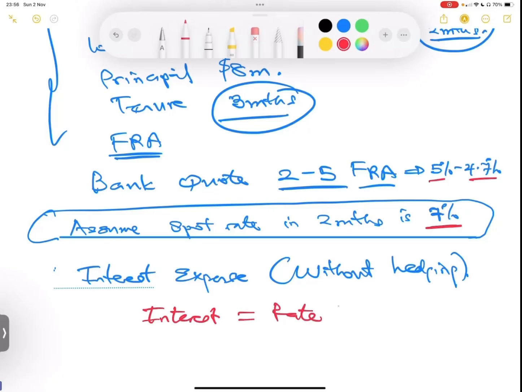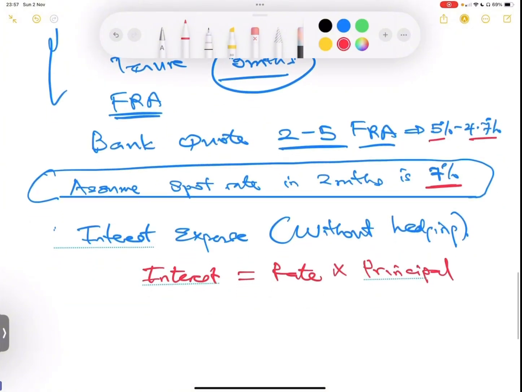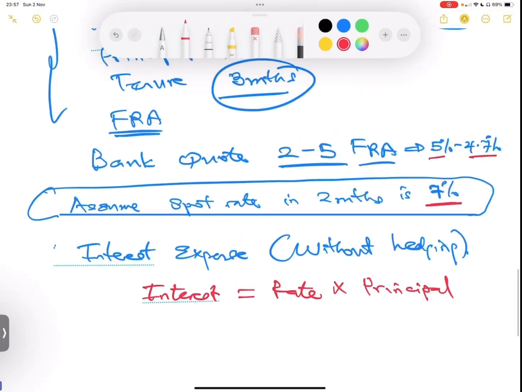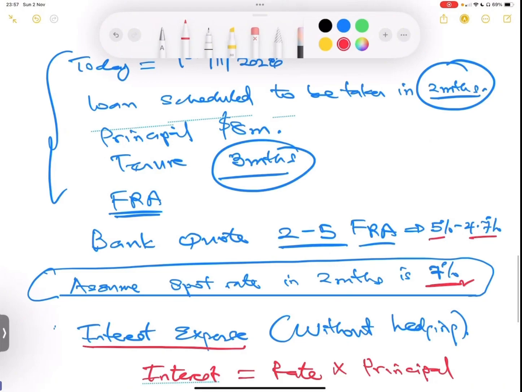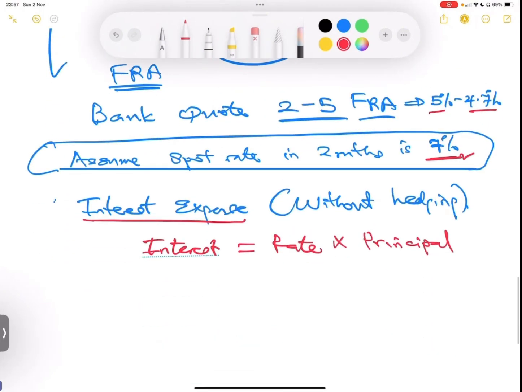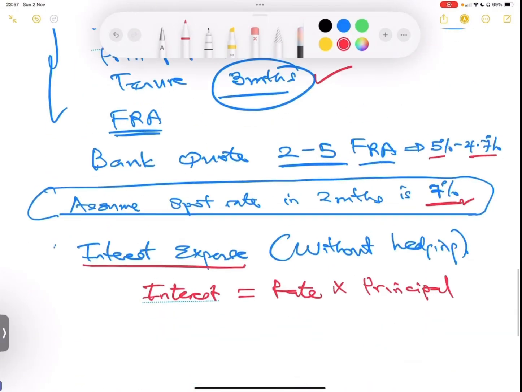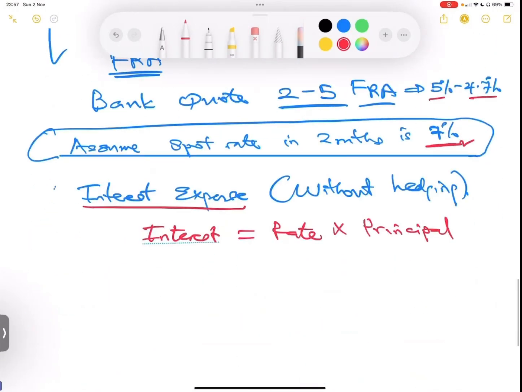Interest is equal to what? It's not just rate times principal. Interest is rate multiplied by principal, and for interest expense without hedging, for sure that is 7%. If they did not hedge, the spot is 7% in 2 months' time, which means they will have to pay interest of 7% for their loans that they want to take for 3 months. The principal is 8 million.